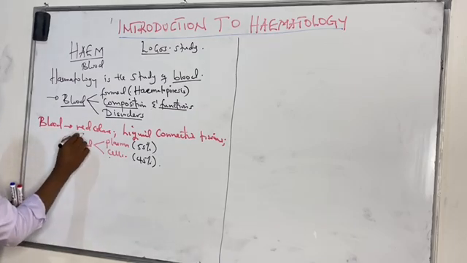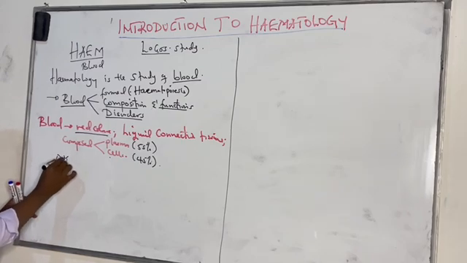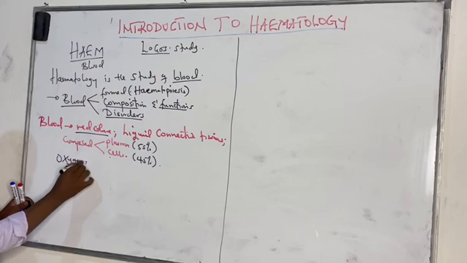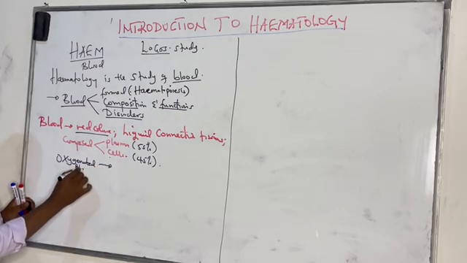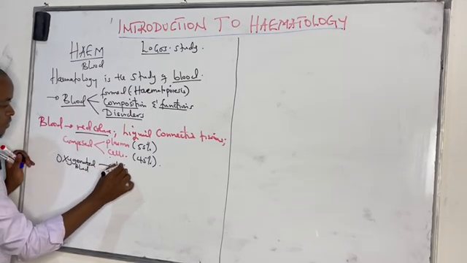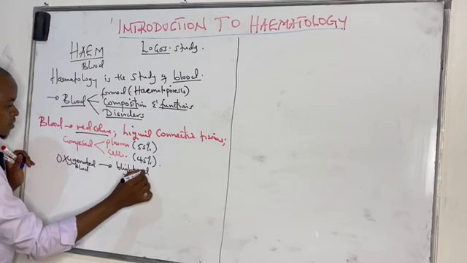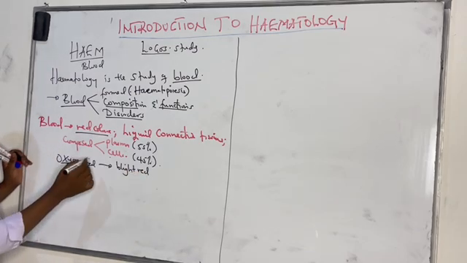And we have said this blood is red in color. For example, oxygenated blood is bright red due to the presence of oxygen, but this is arterial blood.